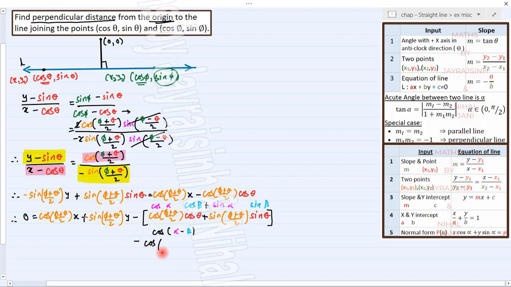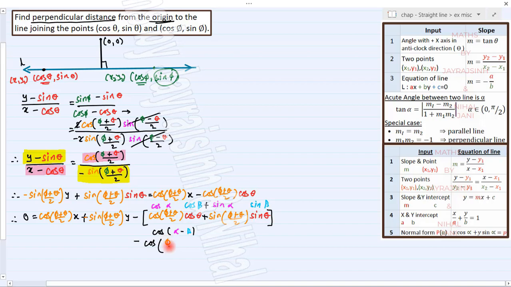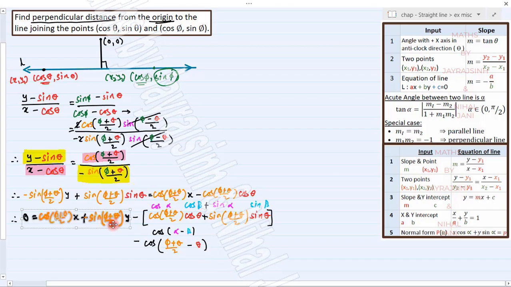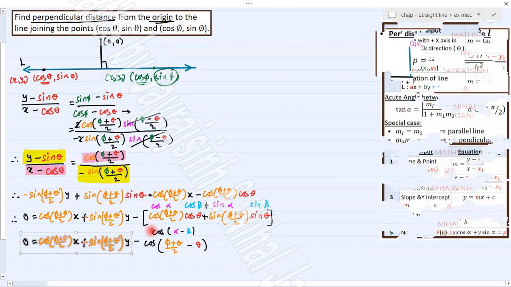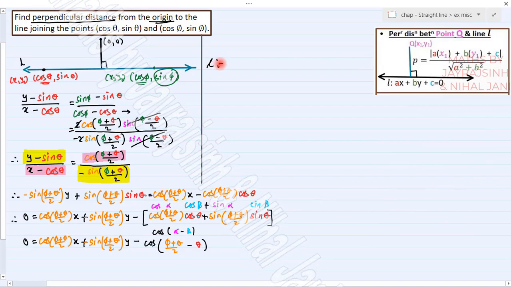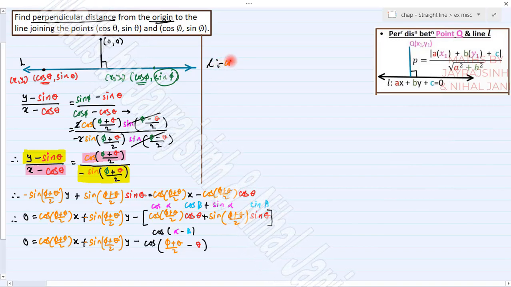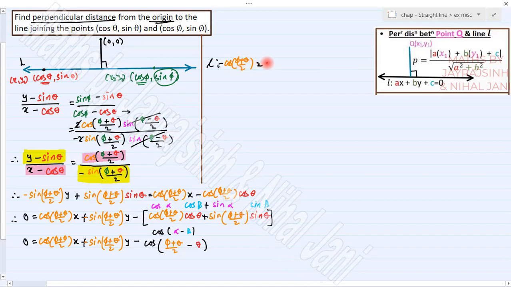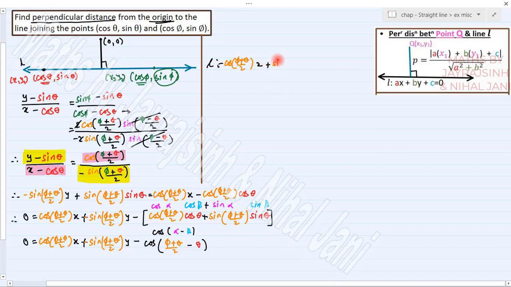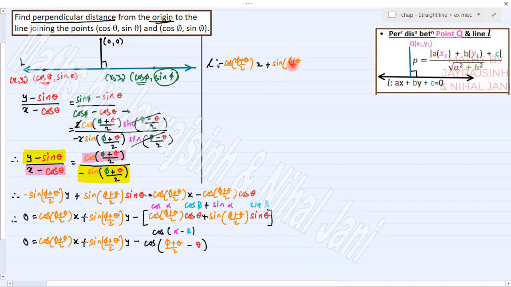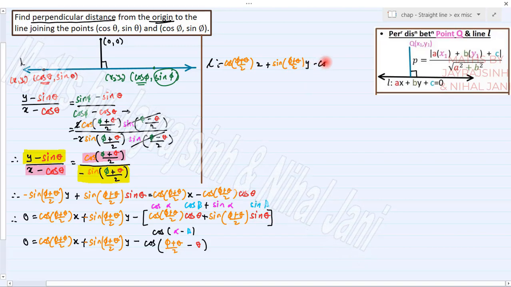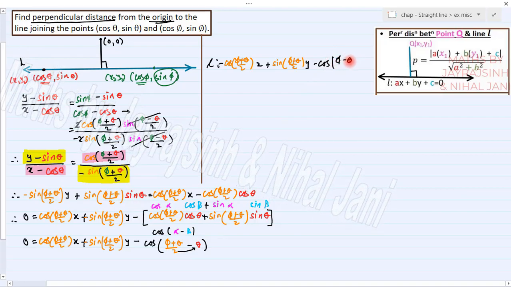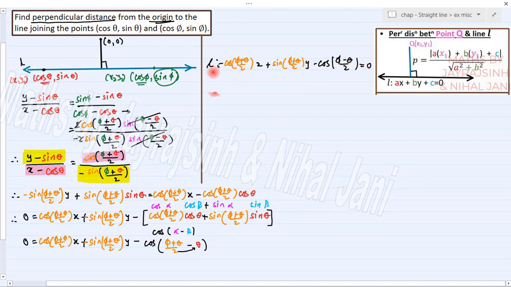So here we get cos(α), which is (π+θ)/2, minus β, which is θ, and the rest of the terms will be as they are. So we get our equation of line L: cos((π+θ)/2) into x plus sin((π+θ)/2) into y minus cos, if we take the LCM of 2, (π−θ)/2, is equal to 0.